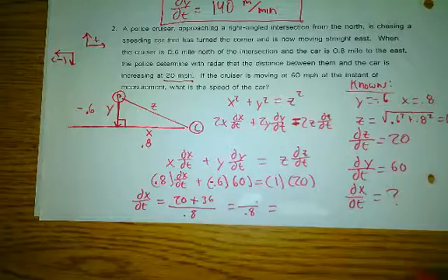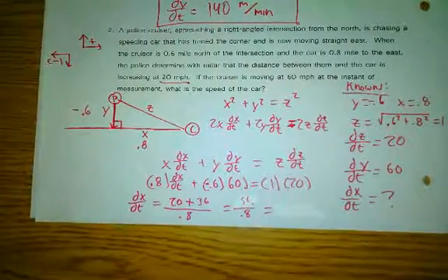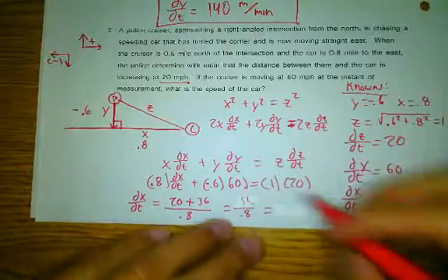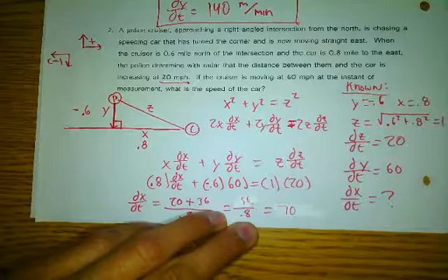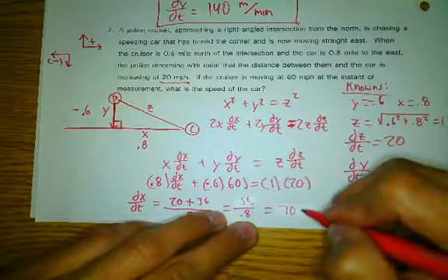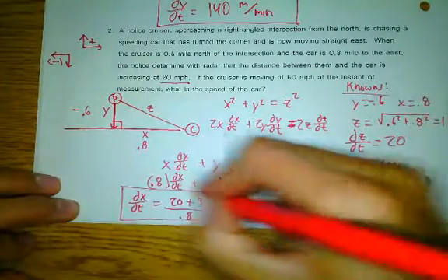Well, 56 divided by 8, isn't that 7? But because it's point 8, wouldn't that be 70? That's a huge difference. From going 20 miles an hour to going 70 miles per hour. That cop better speed up, or he's not going to catch up to him. Agreed?